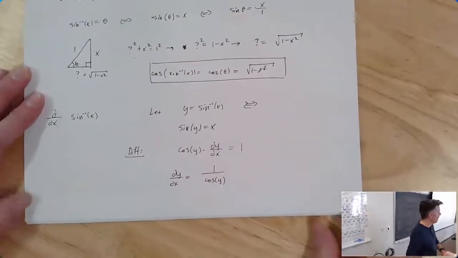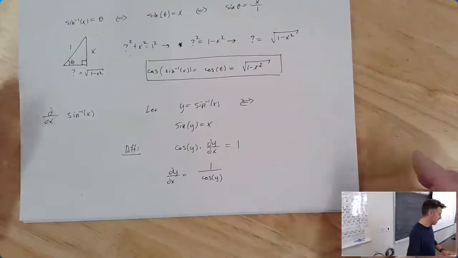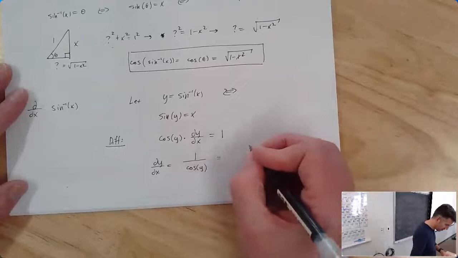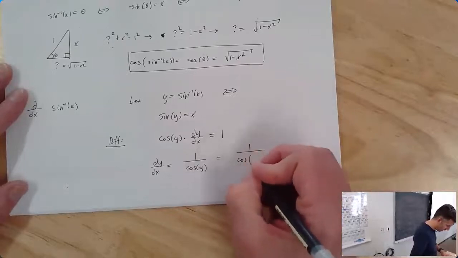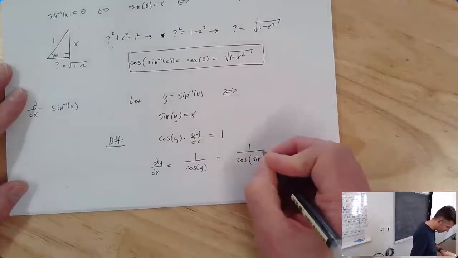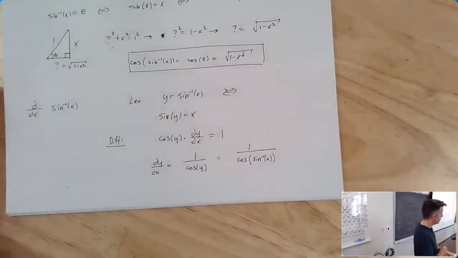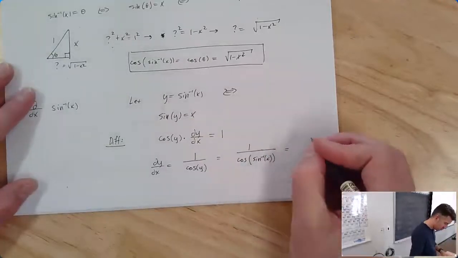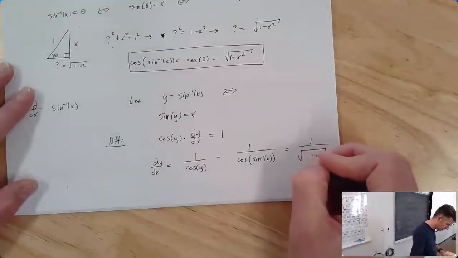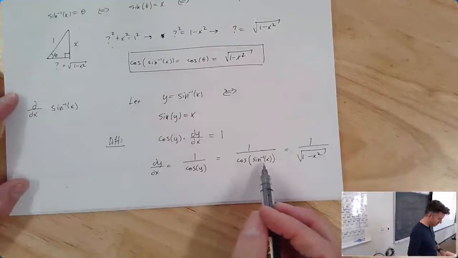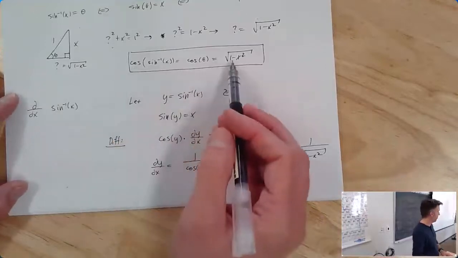Which, if you were going to write a not very satisfying but technically correct answer, you could say was 1 over cosine of the inverse sine of x. But no one wants you to write that answer. What we want to write instead is 1 over the square root of 1 minus x squared, because cosine of inverse sine of x is exactly the square root of 1 minus x squared.